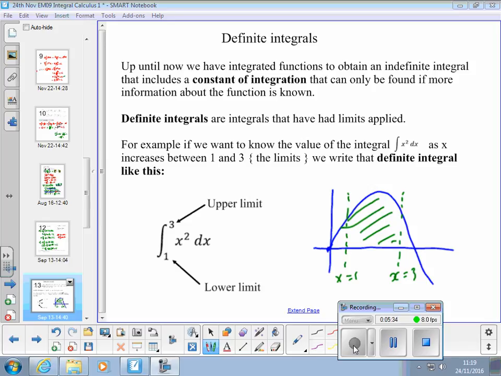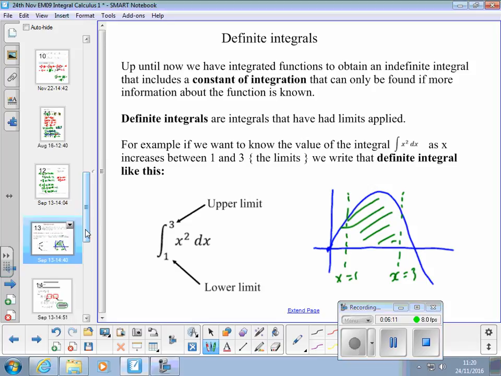If you've got a graph of speed against time, you integrate that, and the area under that graph is the distance travelled. So if you want to know the distance travelled between x equal to 1 and 3, you integrate between those, and that gives you the distance travelled. Yeah, okay? So, more about that next week. At the moment, we're interested in the mechanics of how we evaluate definite integrals.